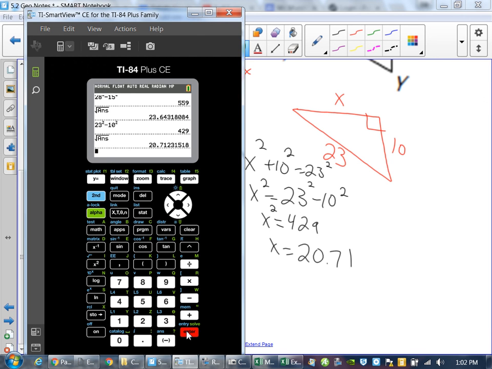I think your calculator probably just said square root 429. Just hit that double arrow to get a decimal number.